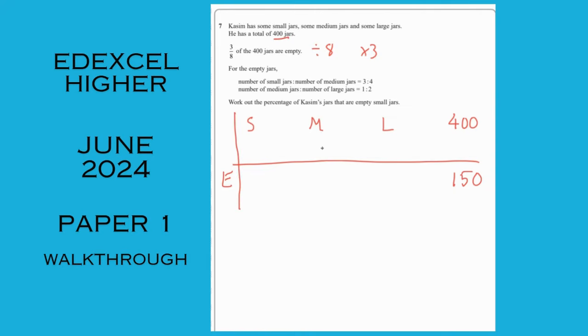So for the empty jars, so going to keep this top line not really needed. Number of small jars to medium is 3 to 4. Medium to large is 1 to 2. That's nice.